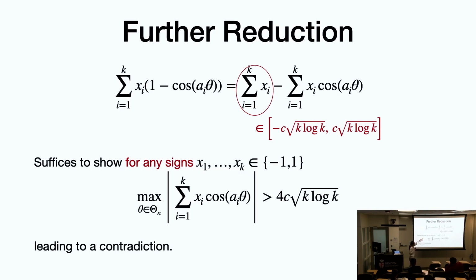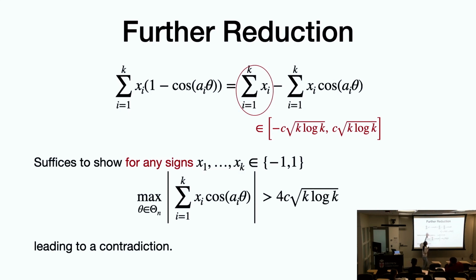To get a contradiction, it suffices to show that this number has a large absolute value. So our goal becomes to show that for any signs x1 up to xk, there always exists a theta such that the absolute value of this number is greater than 4c times root k times root log k.